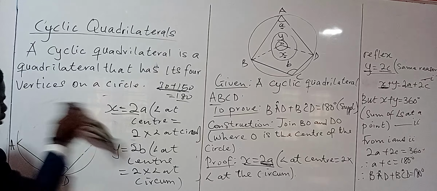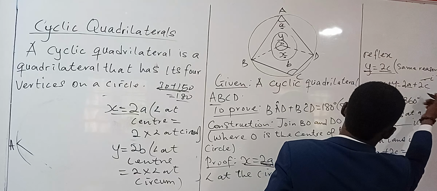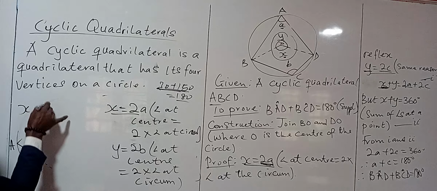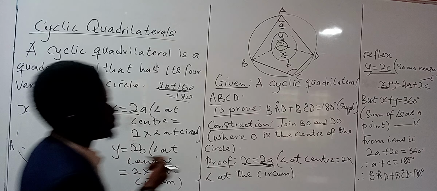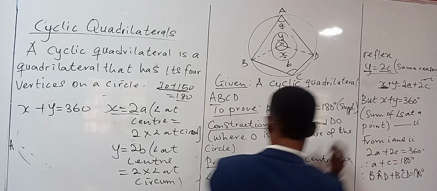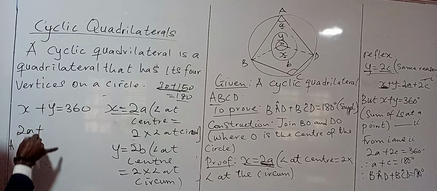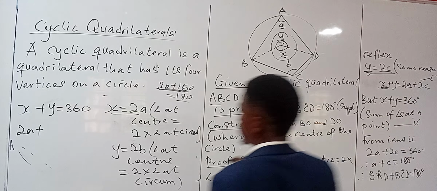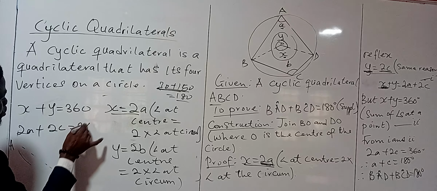By the time you now equate equation 1 and equation 2 together, what do we have? We have x plus y equal to 360 degrees. Now, what is your x? Our x is 2a, plus our y, which is 2c, equal to 360 degrees.